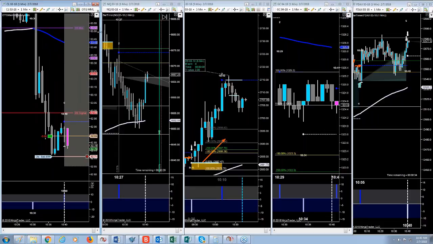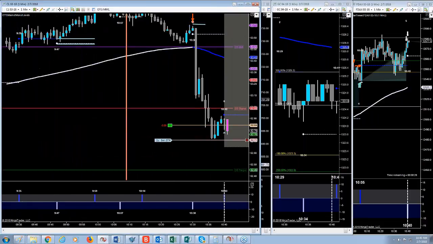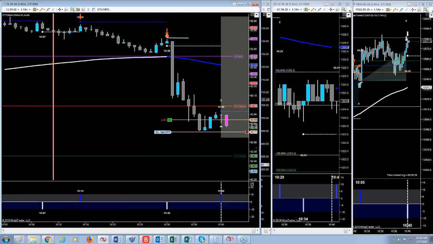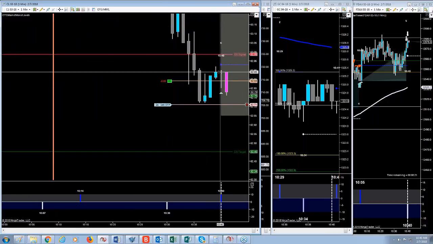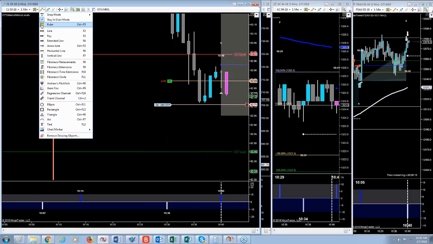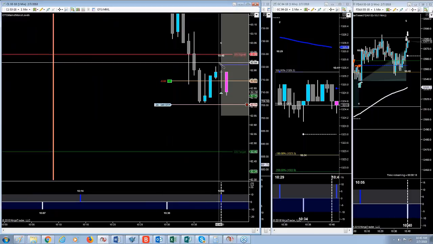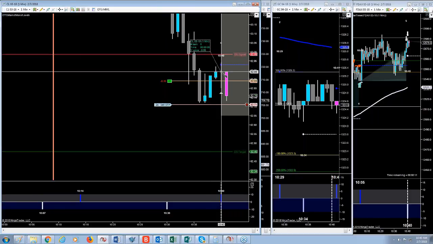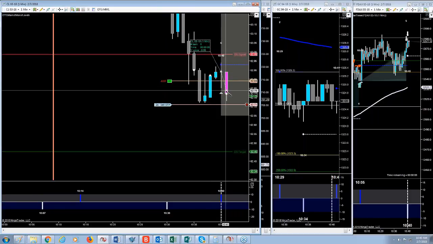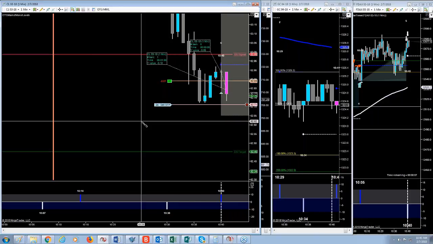Okay, so if you're a trend trader on CL, you are short from 89. You have a 5-tick stop, which is 94, and a 10-tick target, which is 79, and you're out plus 10 right now. So if you took the 1040 signal short, Nathan, you're out with 10 ticks, and it went immediately straight down.